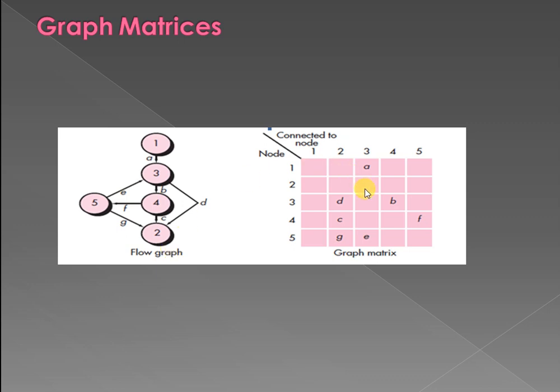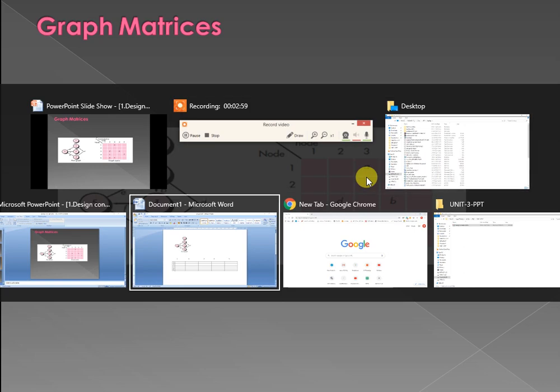On the right side you can see rows and columns, divided as a node and the nodes it connects to. The rectangular box specifies the graph matrix. We will look at it in a simple manner so that you get a clear idea.